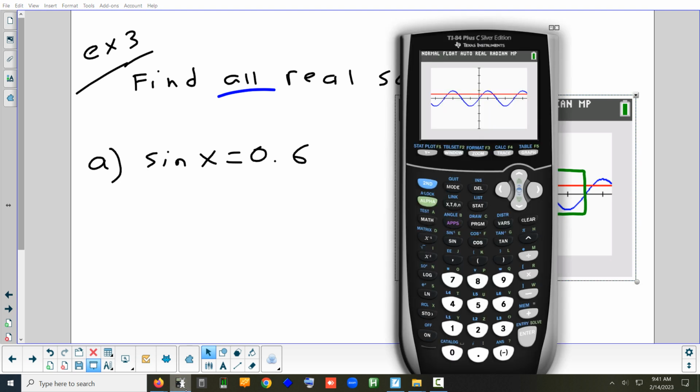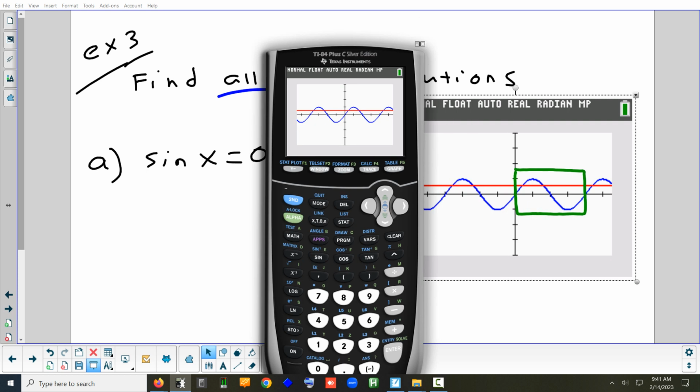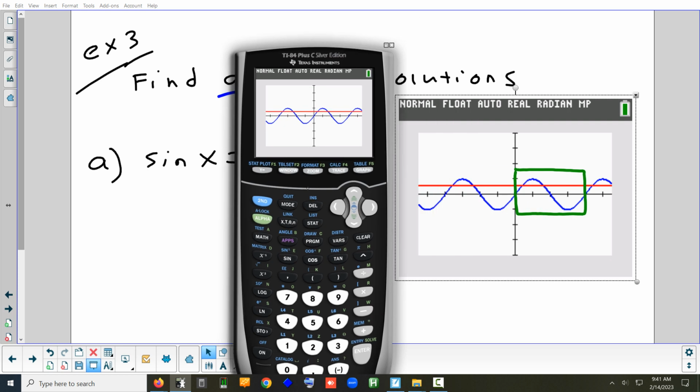So let's find those two. Now, technically, you could find two answers in any cycle, because once I know two answers and you tell me they repeat forever, it's kind of the same thing. I usually do the first two positive answers most of the time. So let's do that. Second calc intersect.